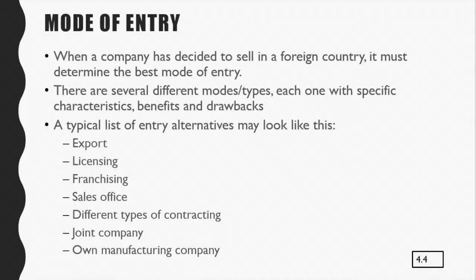A sales office can also be part of the export operations, or a sales office can be part of the own company. There can also be different types of contracting. Sometimes licensing and franchising are part of the contracting modes, or different types of joint companies. And then in the end, finally, the own manufacturing company or the own company abroad.